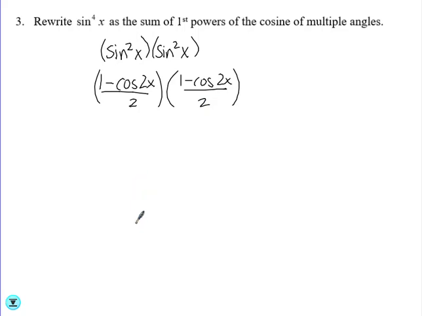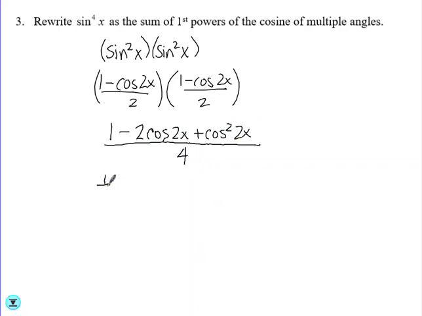Now I need to multiply these together. So I'm going to need to FOIL the numerators and multiply the denominator. Now I'm going to rewrite this so I don't end up with fractions inside fractions.